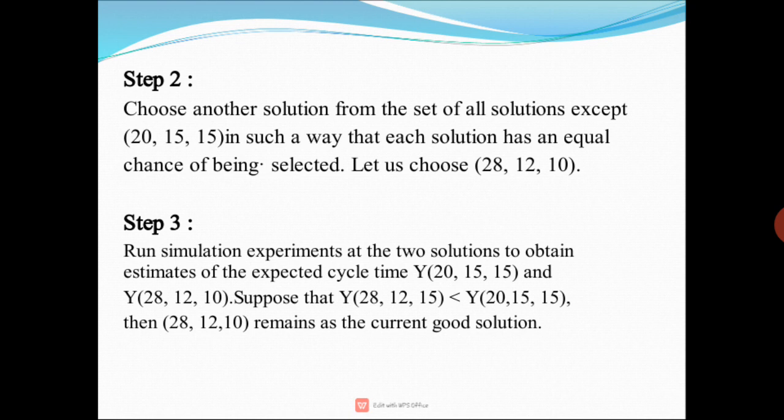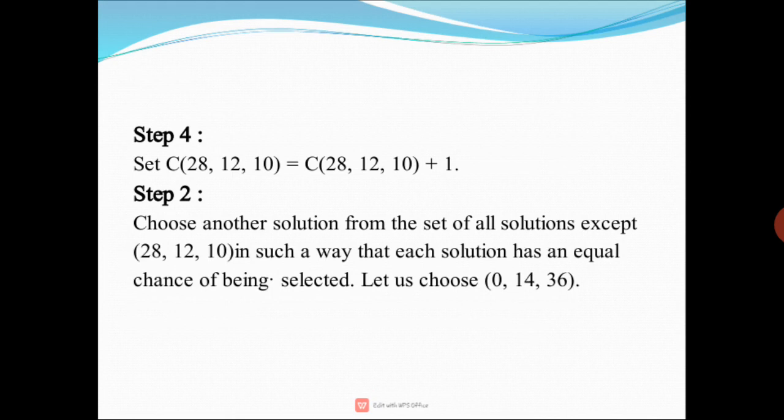Suppose that y of 28 12 10 is less than y of 20 15 15, then the solution 28 12 10 remains as the current good solution. So then increment the counter value of this solution, that is C of 28 12 10 equals C of 28 12 10 plus 1. So this procedure continues.